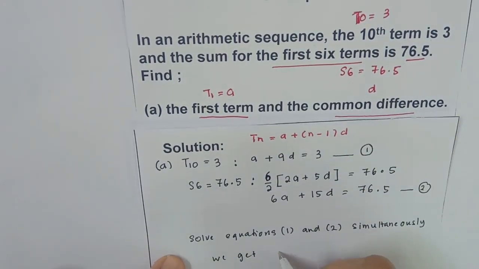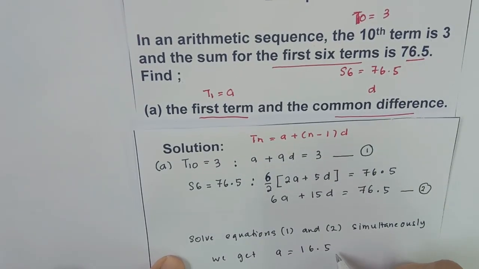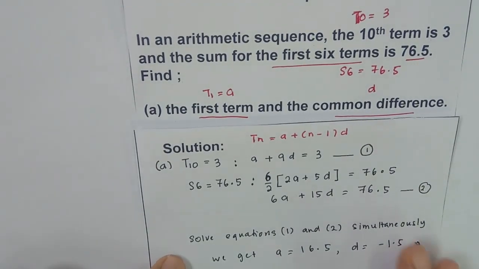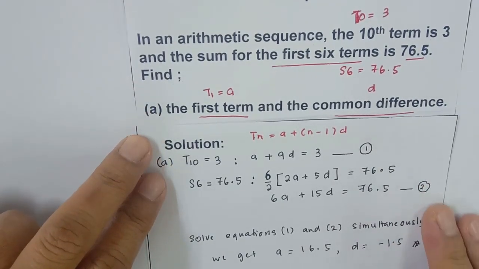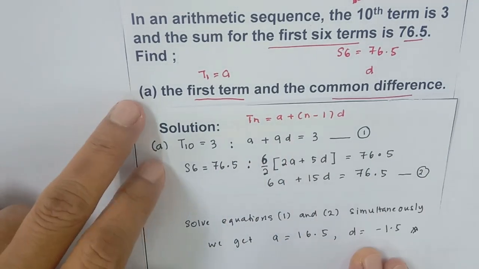We get the value of a is 16.5 and the value of d is negative 1.5. Okay, this is the solution for part A.